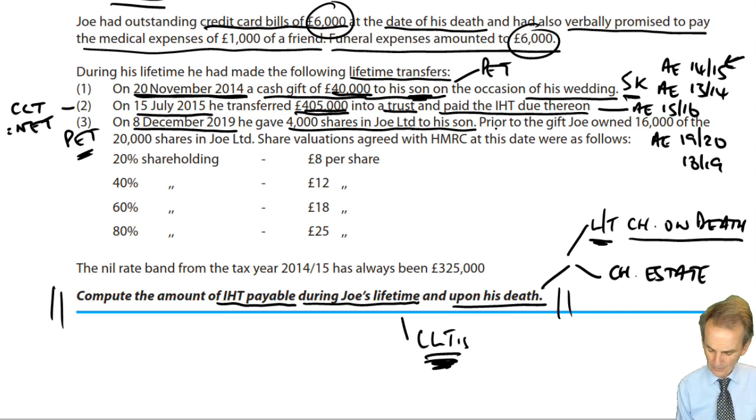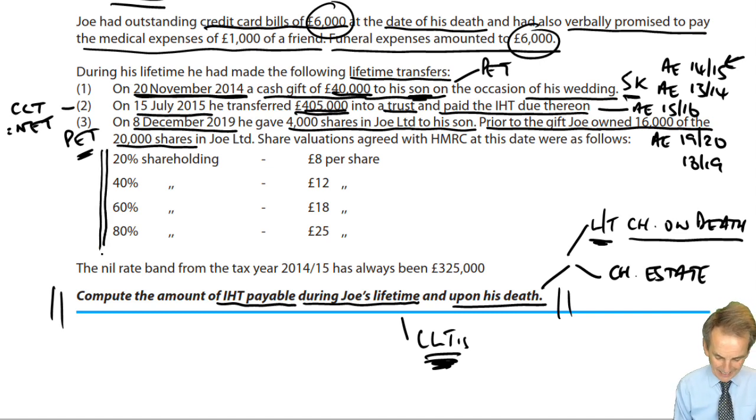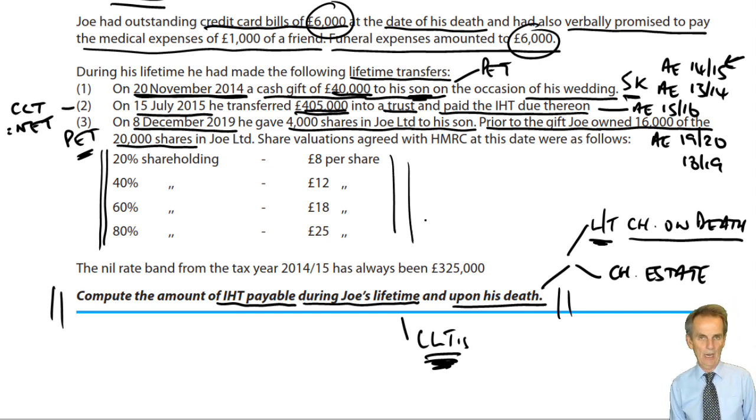So what have we got? Prior to the gift, Joe owned 16,000 of the 20,000 shares in Joe Limited. Now you can see down here that as regards percentage shareholdings, we get different values per share.